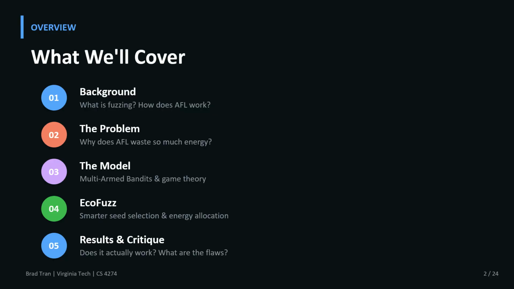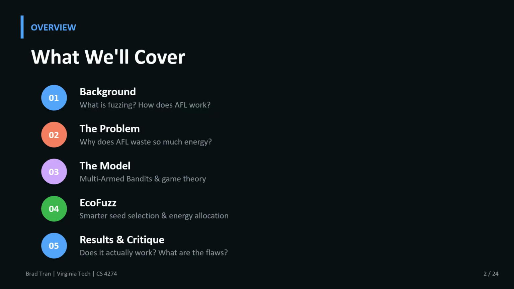So here's our roadmap. We'll start with some background on coverage-based graybox fuzzing and how AFL works, just enough to set up the problem. Then we'll look at why AFL's scheduling algorithm is fundamentally inefficient and what prior work tried to do about it.